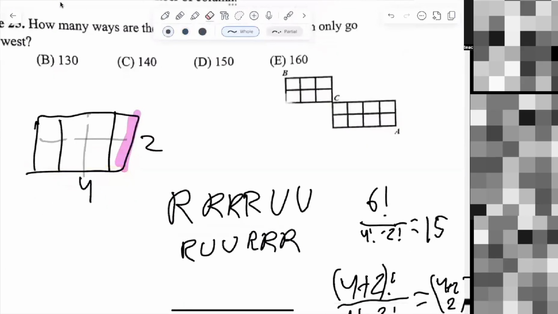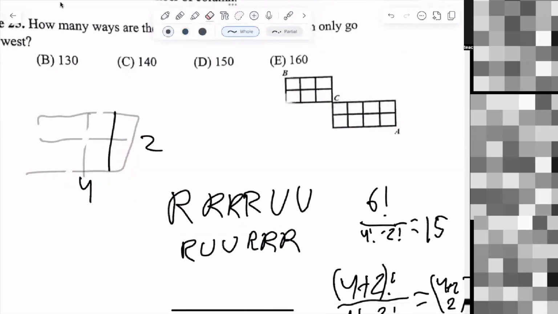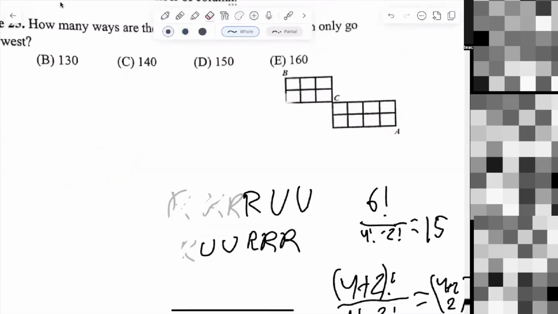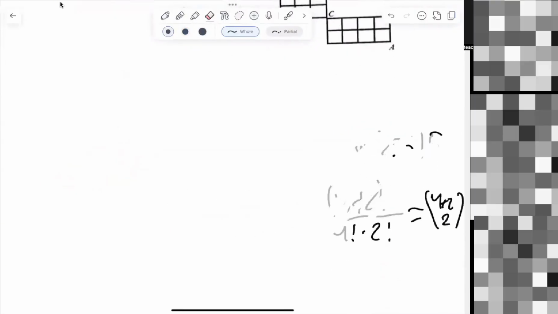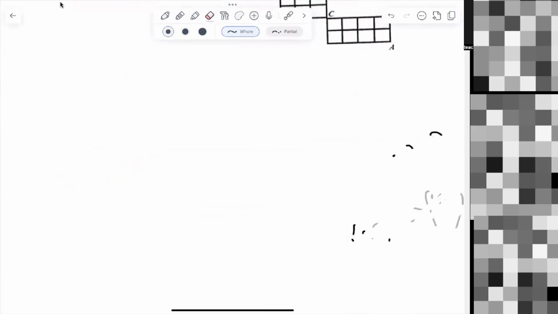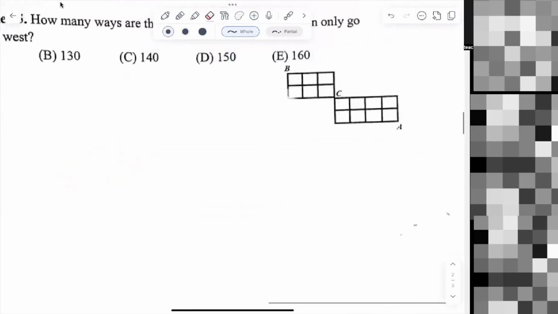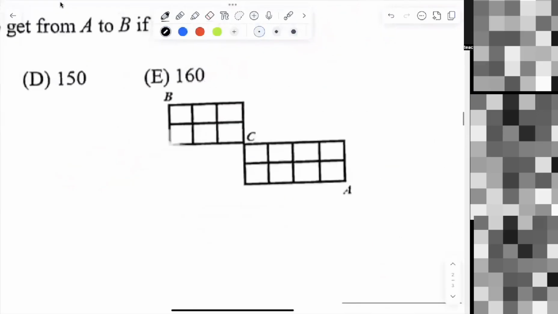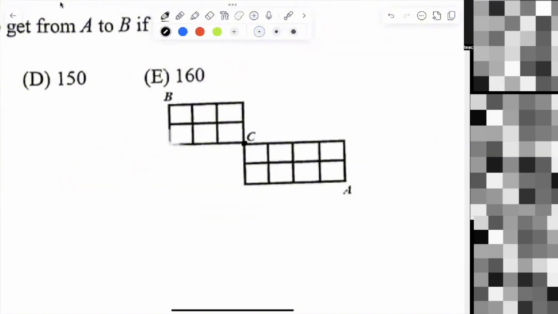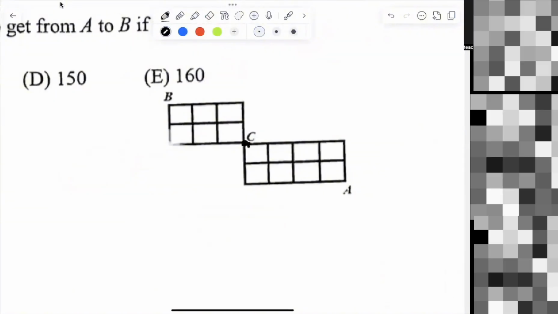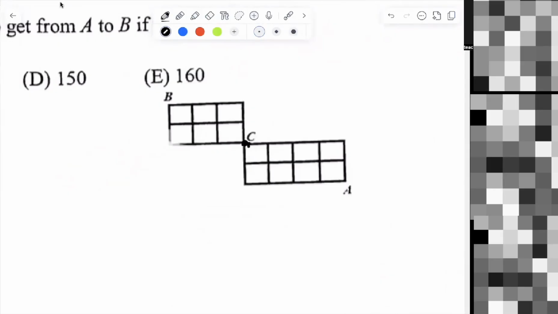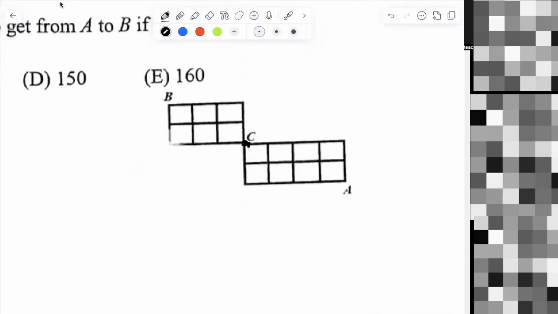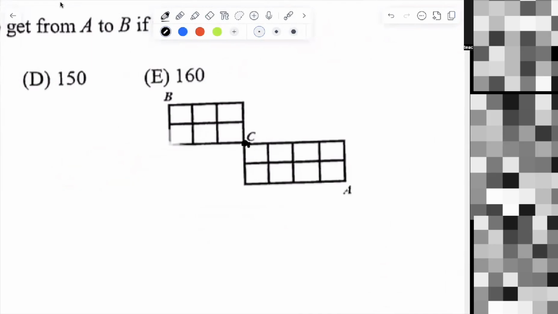Alright? Now let's tackle this question. Using the same exact logic, first we have to notice that C is literally only one way. You have to go through this 100%. So we can think about it like this.